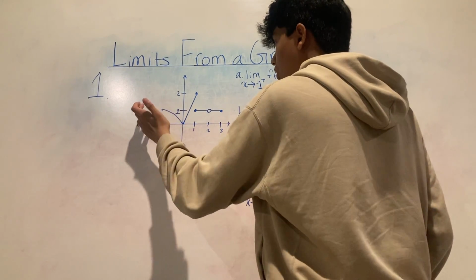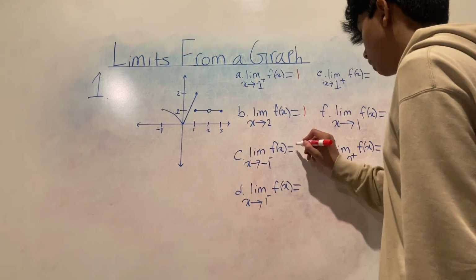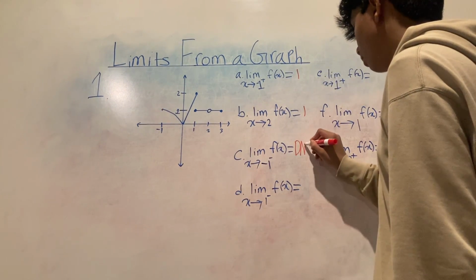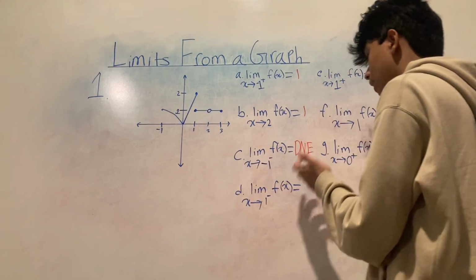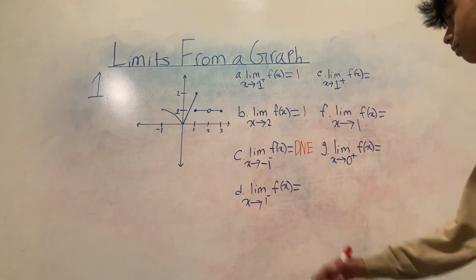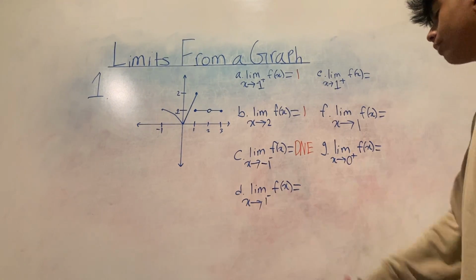So since there's no graph, there's no limit to get to. So that's why the limit does not exist. When you have a limit and you see that it doesn't exist, you just write DNE for does not exist.